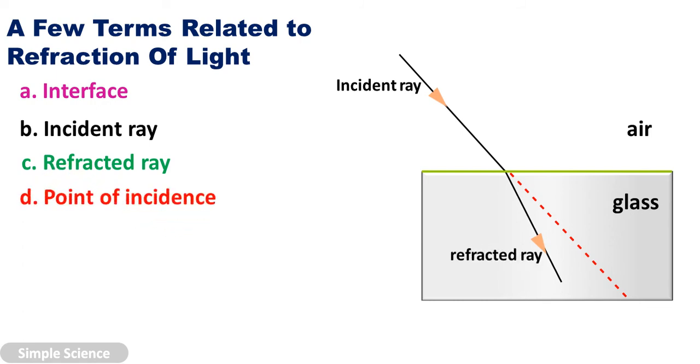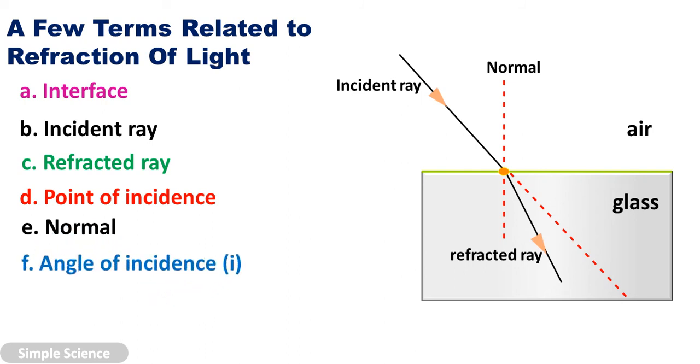What is the point of incidence? It is the point on the interface where the incident ray hits or strikes. Then normal. What is normal? The perpendicular line drawn at the point of incidence is called normal.